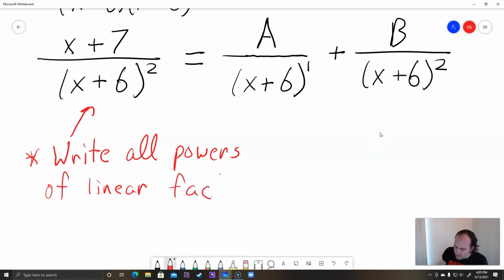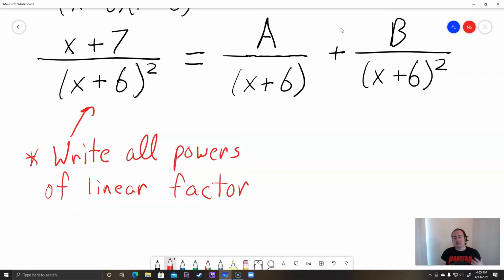And remember, x plus 6 is a linear factor because the highest power is 1. This square is actually on the outside. Okay, so setting it up like that is the hardest part, but I think you get the idea now. And remember that x plus 6 to the 1 is the same as x plus 6. So I don't really need to write this 1 here. I just wrote it when I was describing the powers to you.